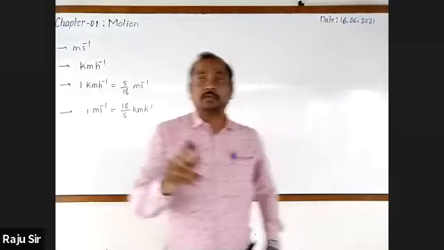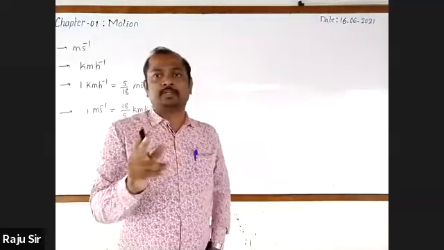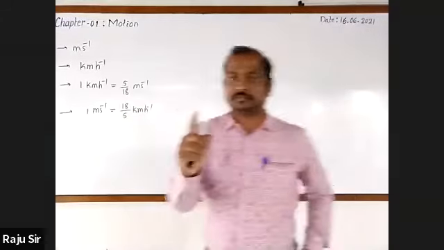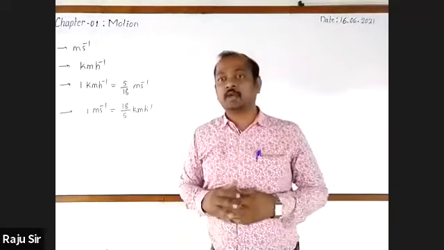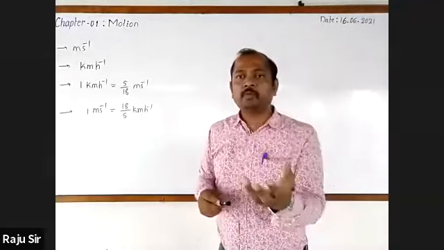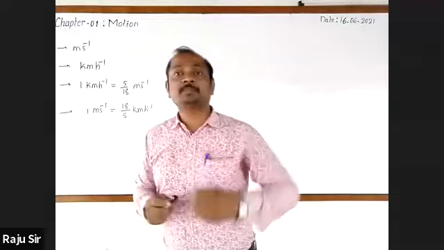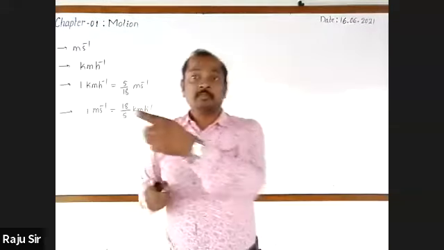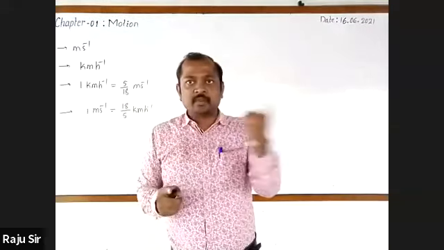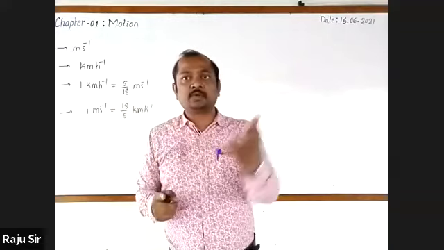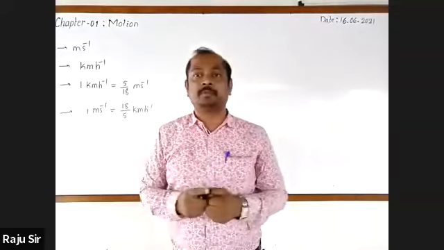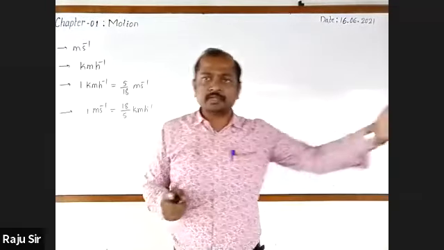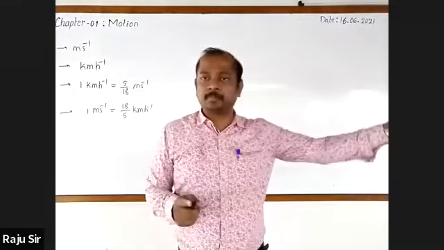Next, we come across two more important terms: average speed and average velocity. When the body covers unequal distances in equal intervals of time, you cannot tell the exact speed of the body, whether the body is moving in a straight line or in a curved path.